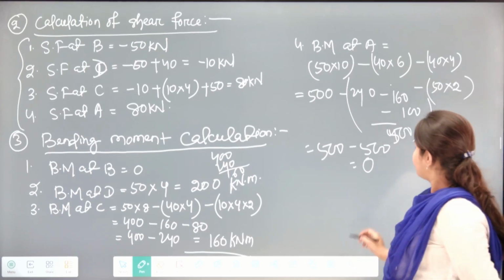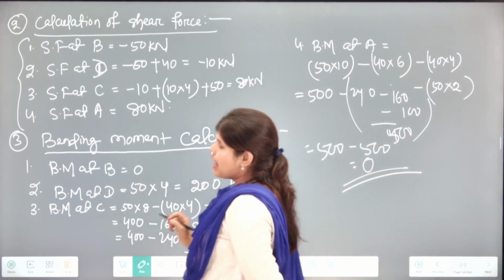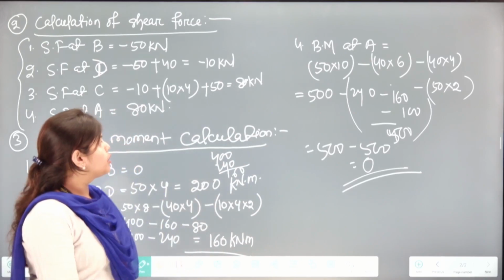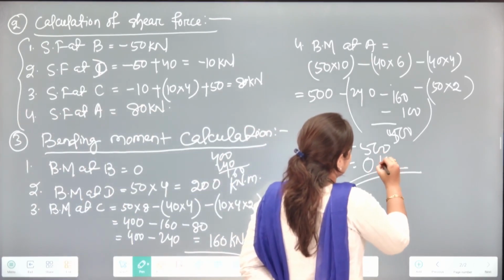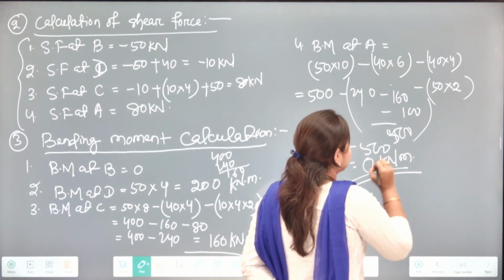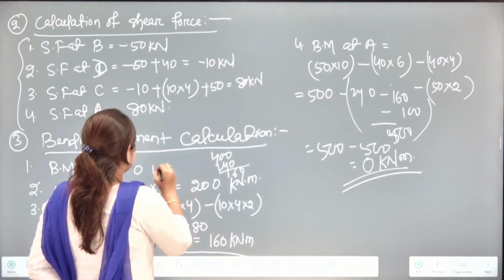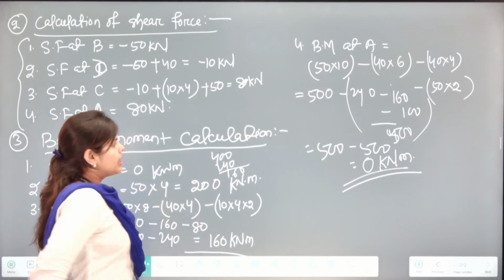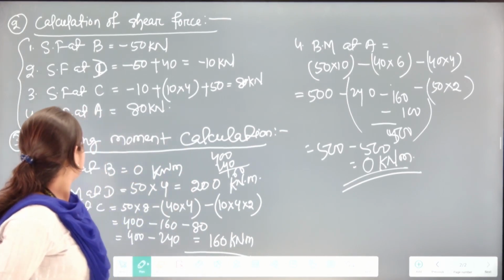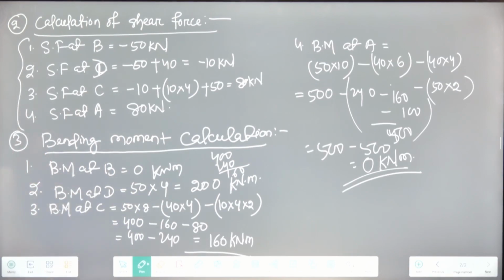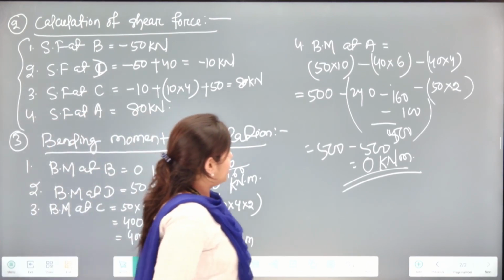Here we have the proof that at end supports we will have the bending moment as 0 kilonewton meter. Now we have all 4 bending moments and all 4 shear forces. So let's draw SFD and BMD.